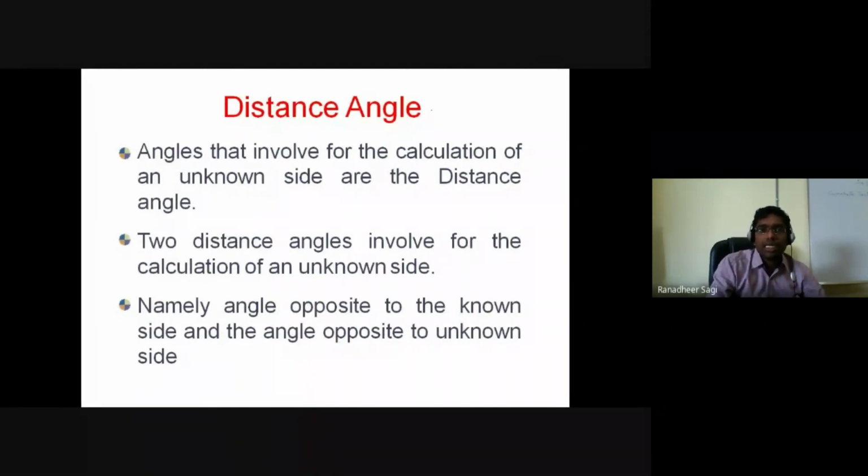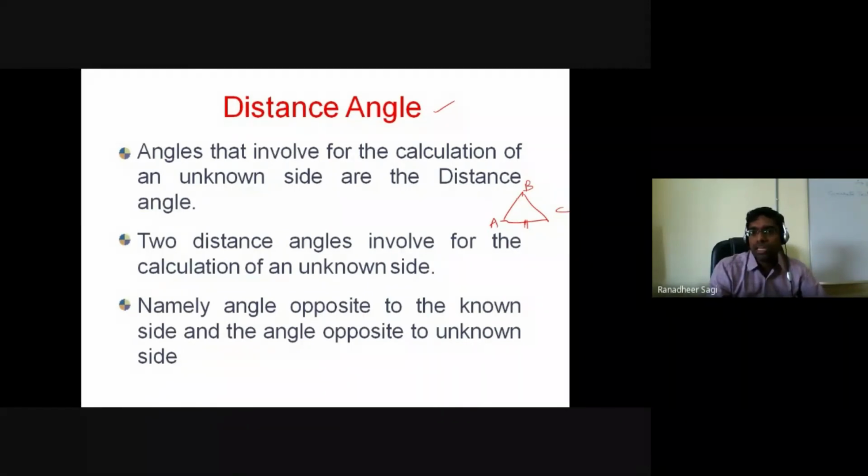Next is distance angle. Okay. What does this distance angle mean? It's nothing but an angle that is involved in the calculation of an unknown side. If I am looking at a triangle, let's say triangle ABC, and I want to find the length of the side AC, which angle is involved in the computation of the line AC?